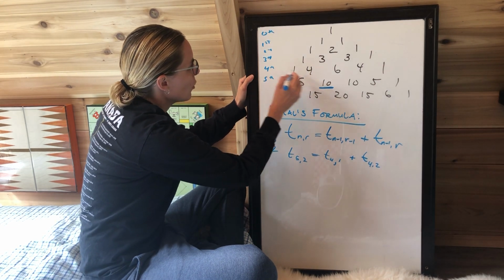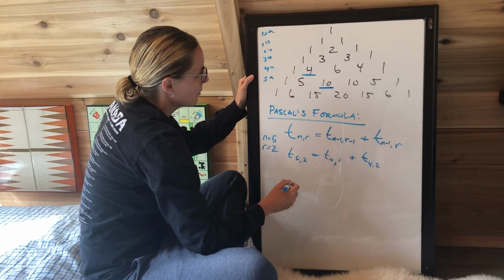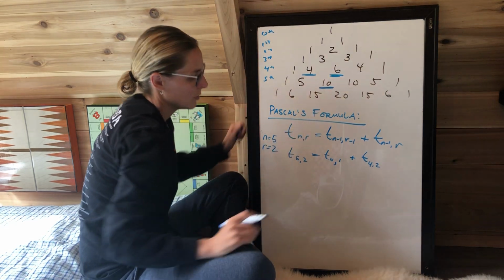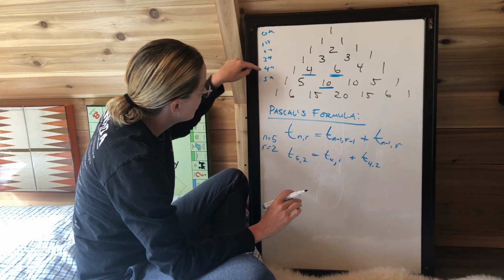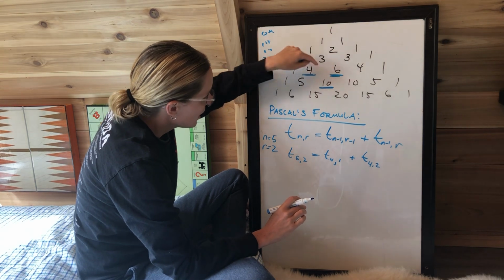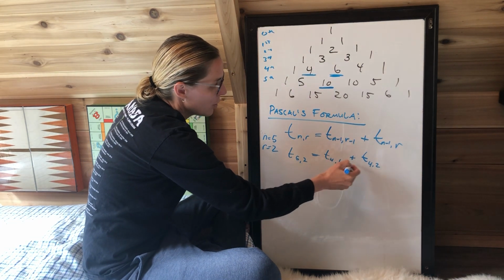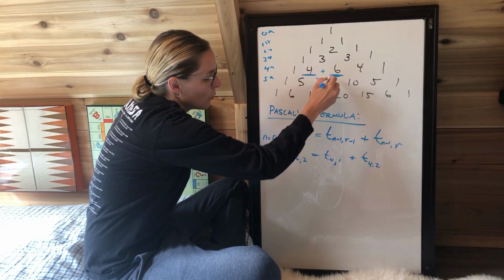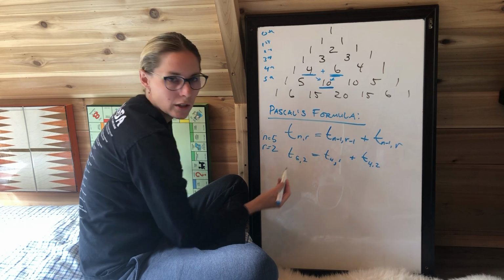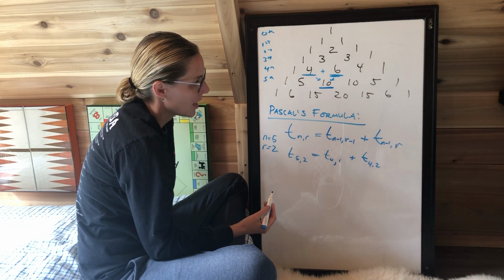Where is term 4, 1? This is term 4, 1. This is term 4, 2, right? This is the 4th row, 1st diagonal, 4th row, 2nd diagonal. And what it says is if we add those two terms up, 4 plus 6, we will get the term right below it, which is a 10.